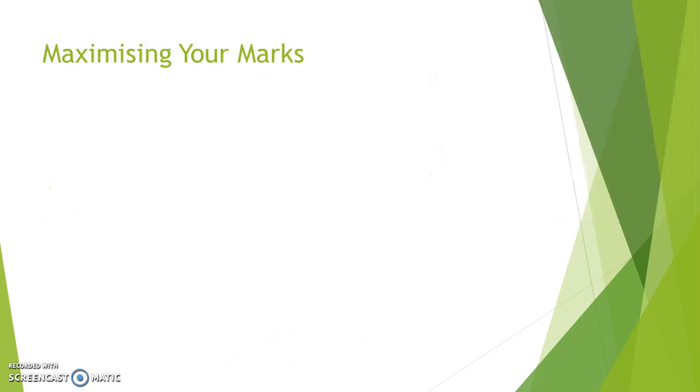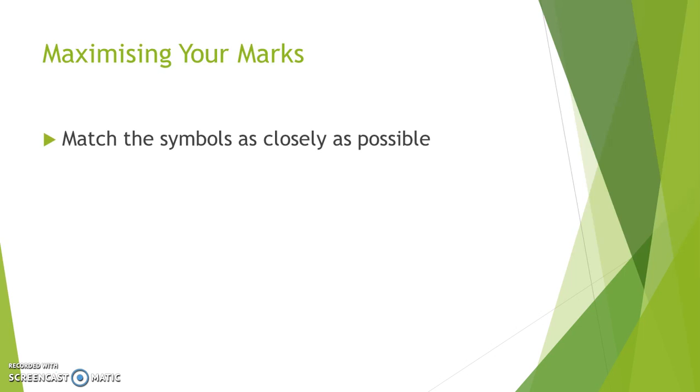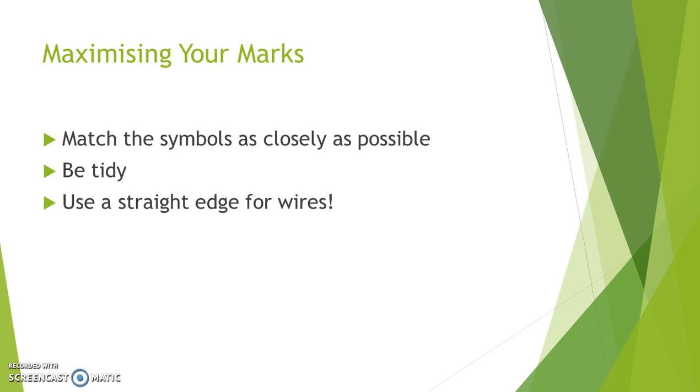Okay, when you're drawing circuits in TIJ, many of you are motivated by marks. Nothing wrong with that. The way to maximize your marks, do your best to practice drawing the circuit symbols as clearly as you can. Try to match what's on the diagram. Try to be as tidy as you can. And be sure to use a straight edge for wires.